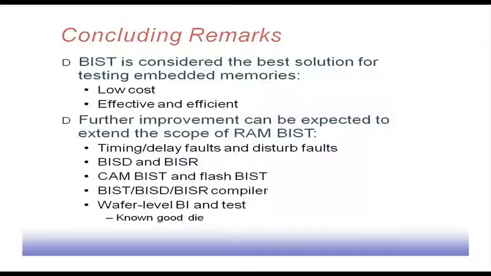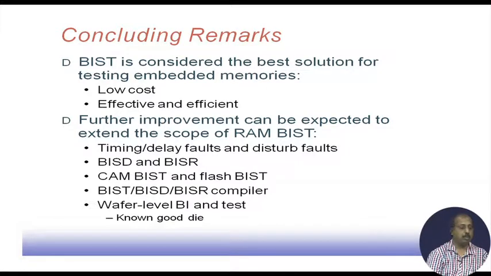So, if you say that this memory should be BISTed, then the BIST will get introduced into the memory. Wafer level burn-in and test also has to be there. Once we know that these dies are not good, you can get some information about the known good die, how many dies are good in your entire wafer. That can be collected, and that gives an indication about the quality of production.